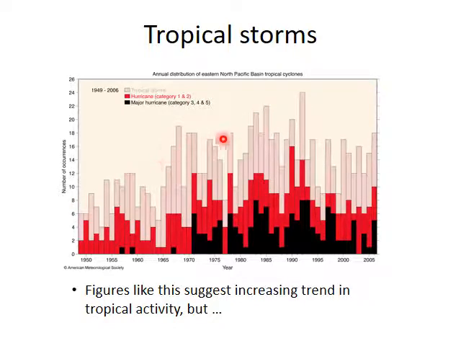Actually, yeah, it looks like an upward trend, but then there's also again a downward trend. But if you just focus, for example, on the strongest category 3, 4, and 5 hurricanes, then of course there is much less data available, and so there's this up and down. So it's not very clear whether there is a trend in the number or intensity of hurricanes or not.